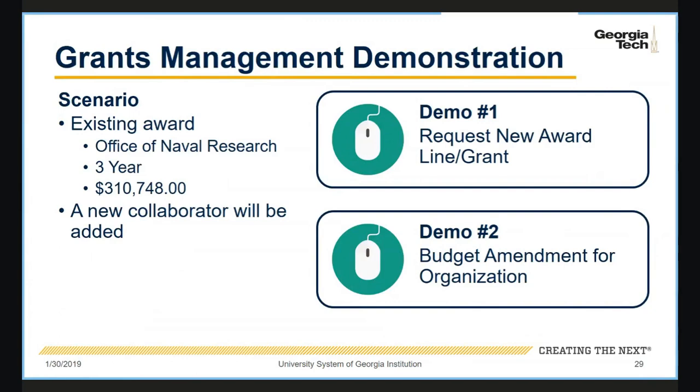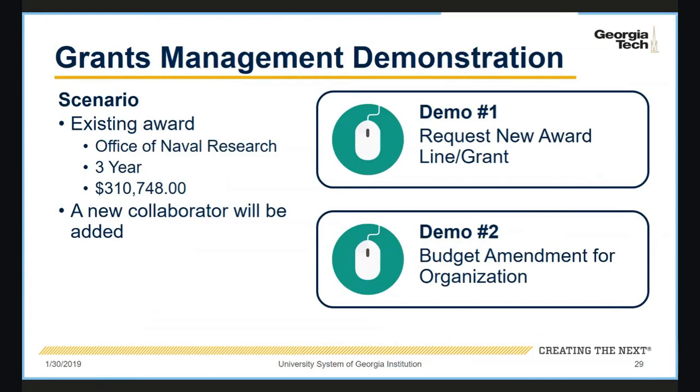For today's scenario, we'll use something that currently happens within the field where we have an existing award. Today's award is with the Office of Naval Research. It's a 3-year award worth $310,000. And with this award, we now want to add a new collaborator.